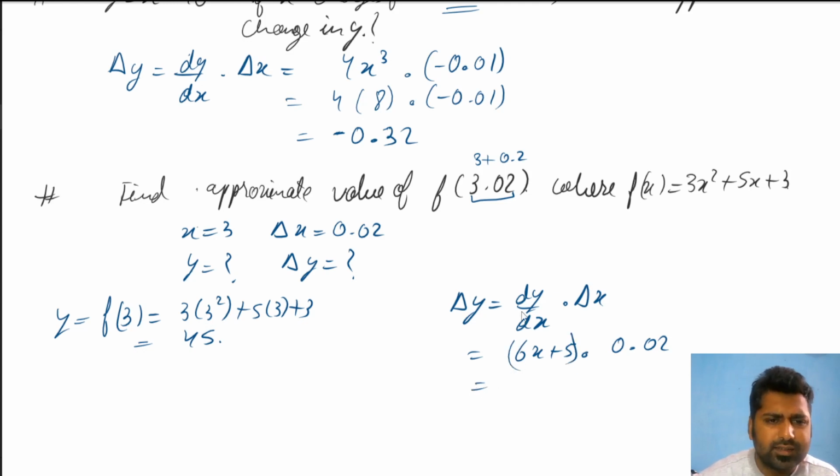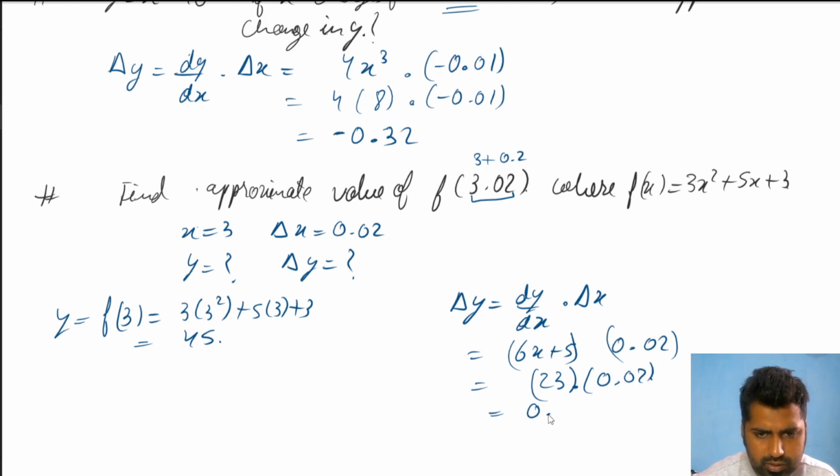Now put the value of x. x was 3. So 6 times 3 is 18, plus 5, 23. 23 into 0.02, that is approximately 0.46.